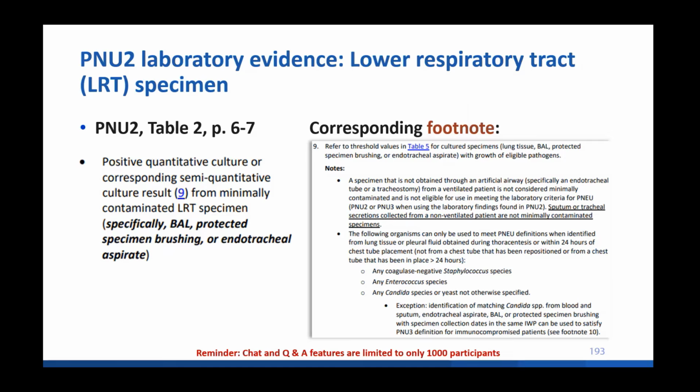Footnote number 9 in the first bullet specifies that sputum and tracheal aspirate specimens collected from non-ventilated patients are not minimally contaminated and cannot be used to meet this laboratory element. Additionally, footnote number 9 directs you to Table 5 for threshold values of growth of pathogens on culture.